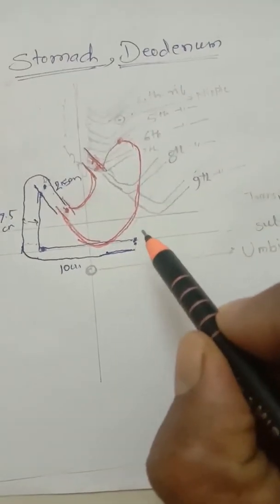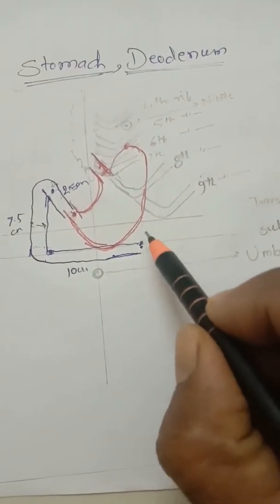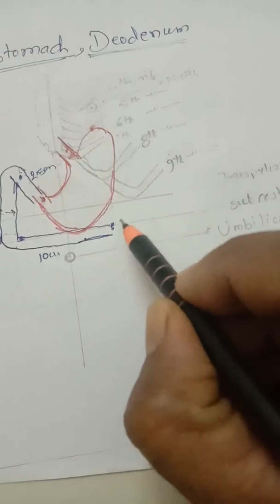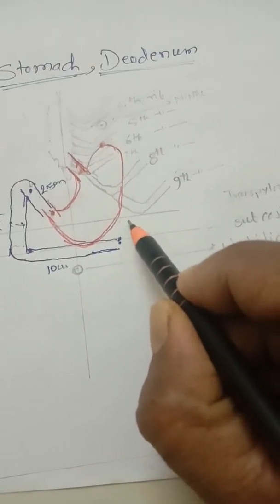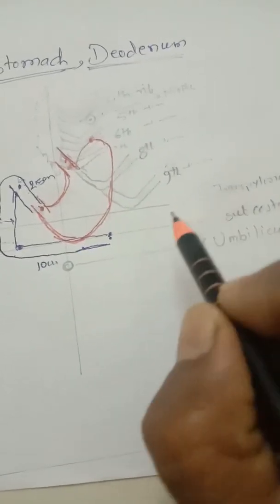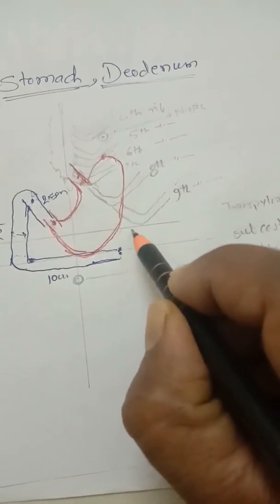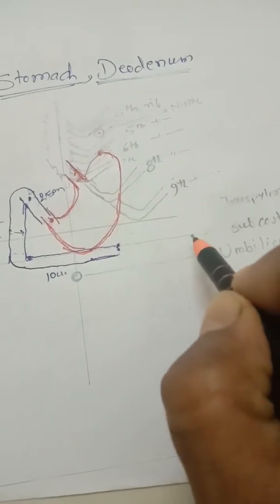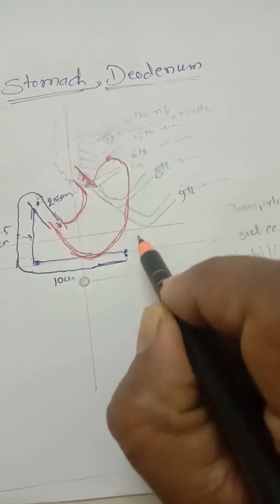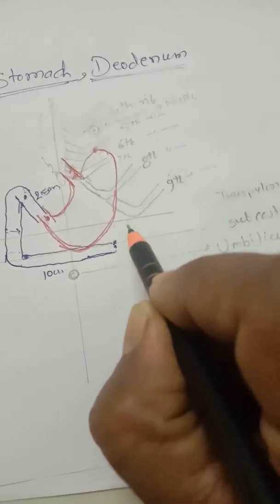So draw 2.5 centimeter length above the subcostal plane and 1 centimeter below the transpyloric plane. From this region you can take 2.5 centimeter above the subcostal plane and 1 centimeter below the transpyloric plane.